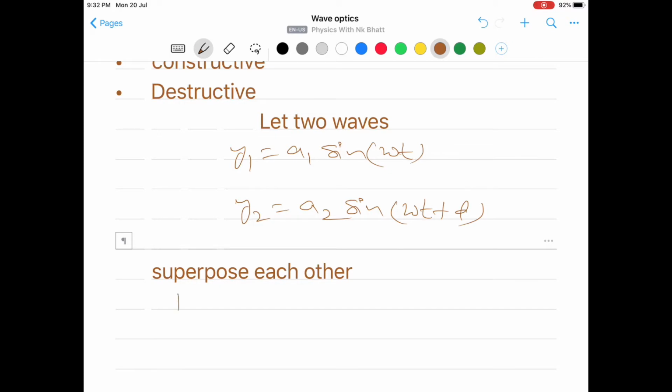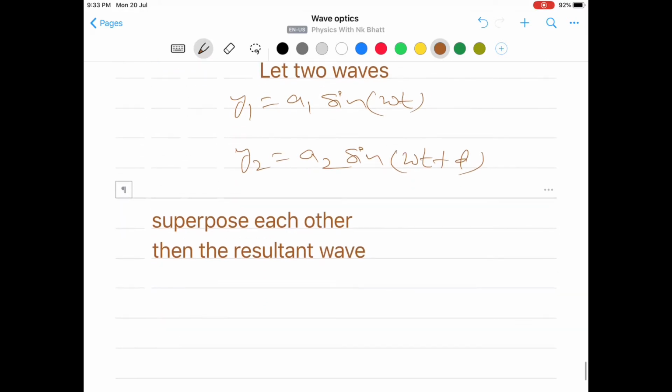Then the resultant wave y is equal to y1 plus y2.